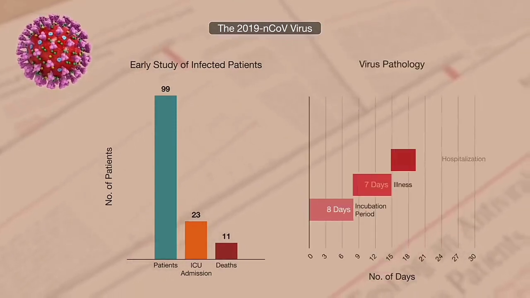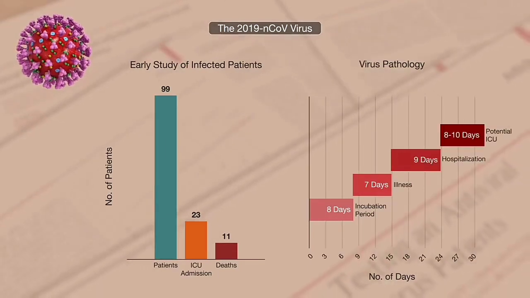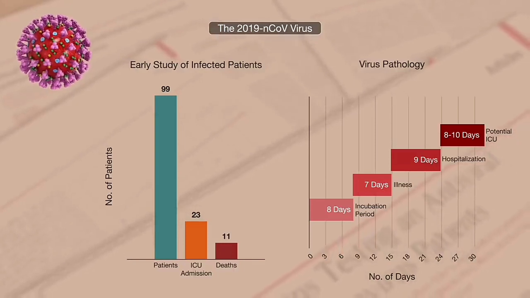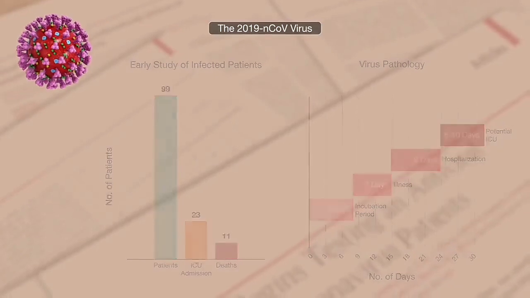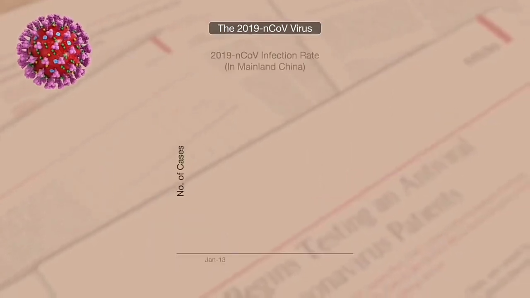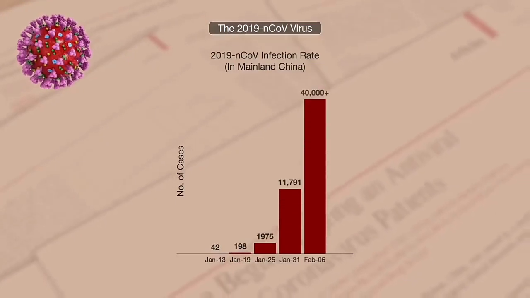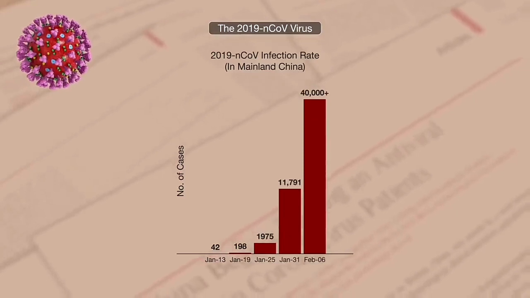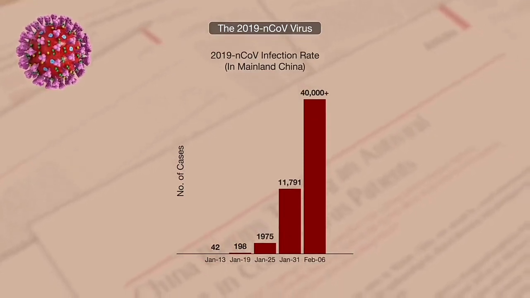An earlier study described the virus pathology with an incubation period of about a week after infection, followed by potential escalation to hospitalization and intensive care over another 8 to 10 days. Other indications put the mortality rate closer to 4%.